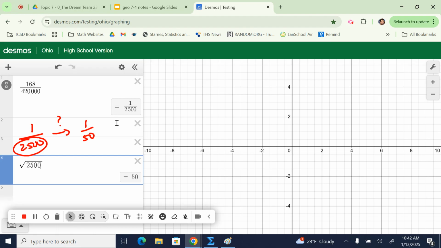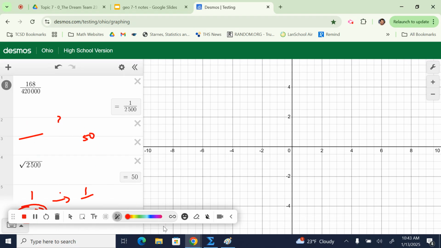Ooh, you get 50. That means that 1 over 50, if I square the 50, I'll get 1 over 2,500. And if you square the top as well, 1 squared is 1.